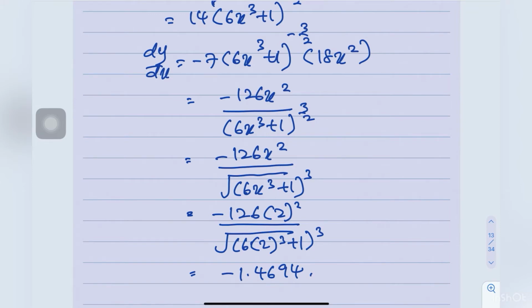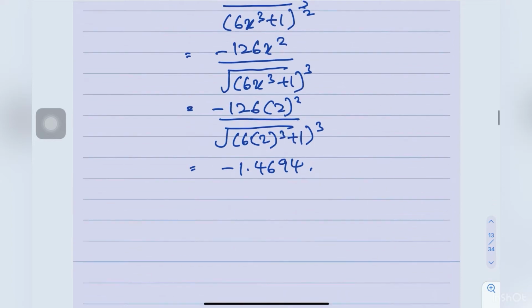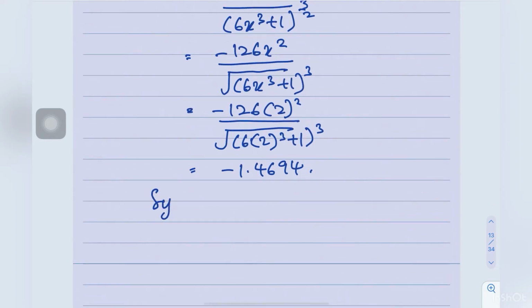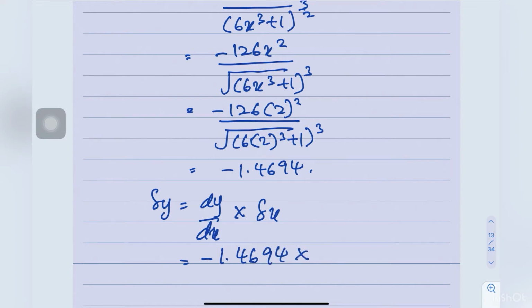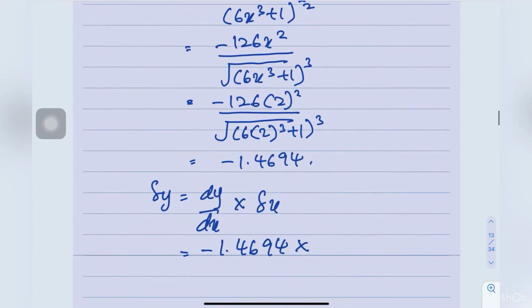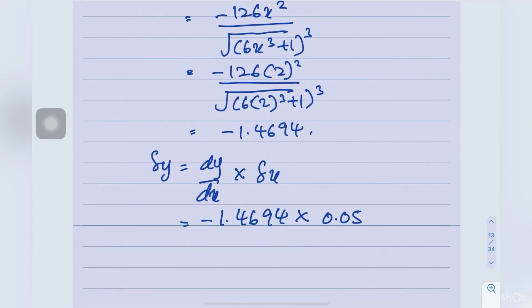Now we find the approximate change in y, so delta y is dy/dx times delta x. dy/dx is negative 1.4694, delta x is 0.05. So the final answer is negative 0.07347. This is the approximate change in y.